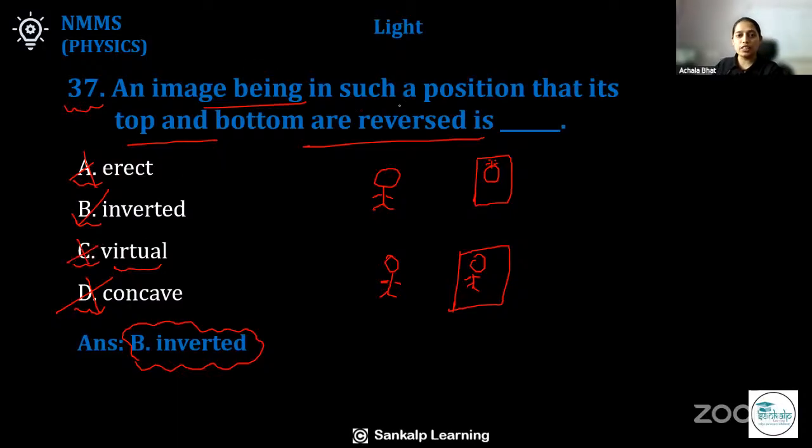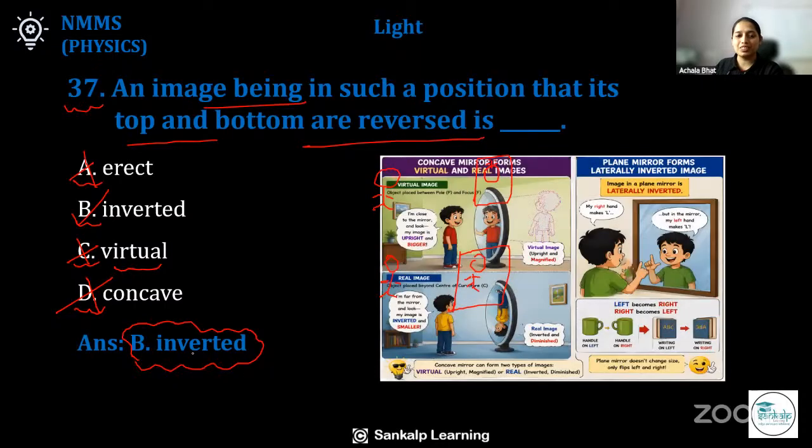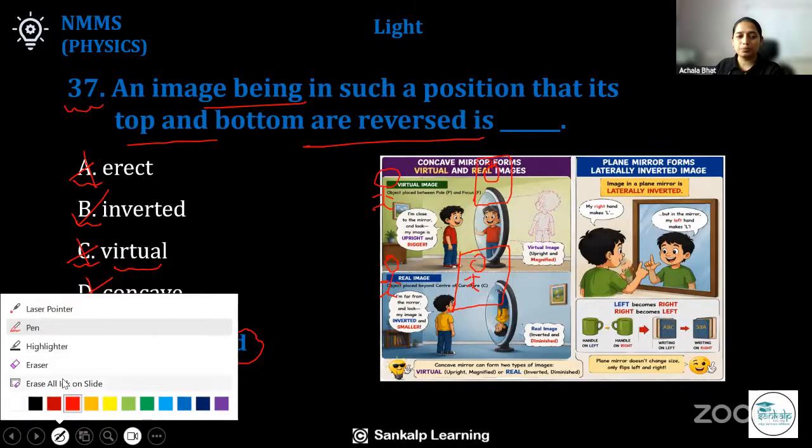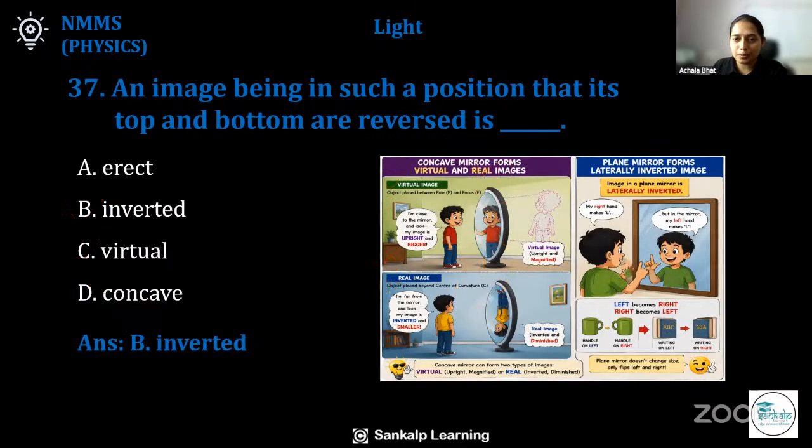But the question is regarding a position where top and bottom are reversed. So it is an inverted image. Option B is correct. This is a virtual image, erect image, whereas this one is a real image or inverted image.